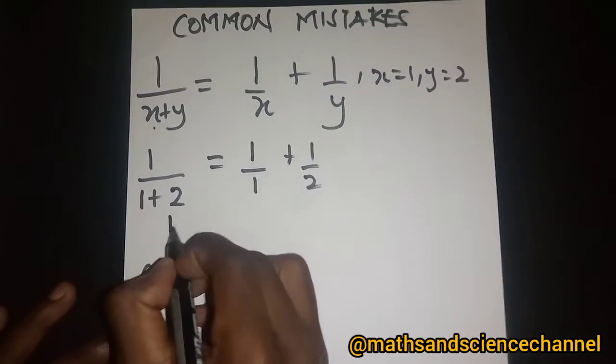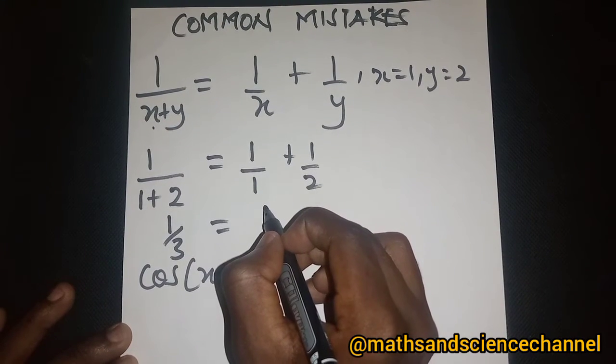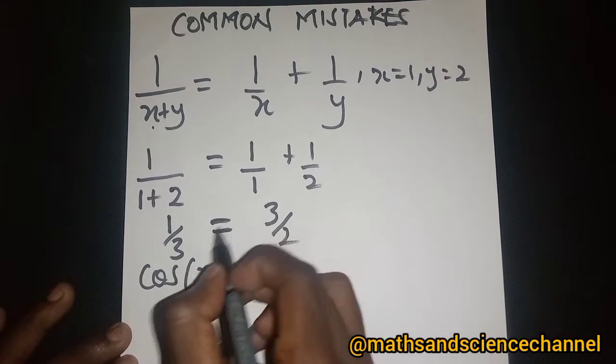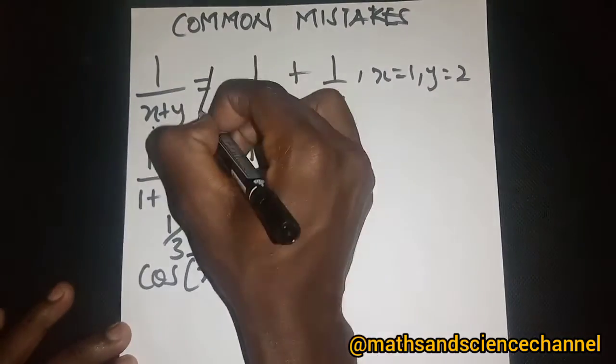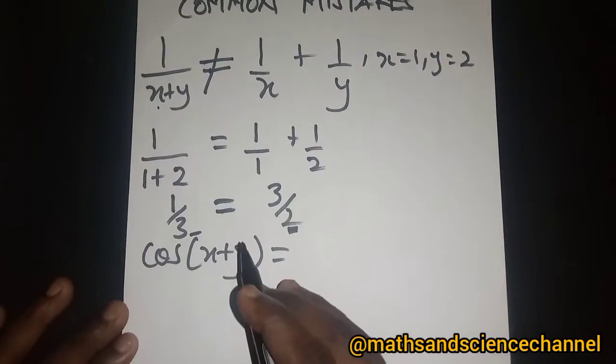So we have 1 over 3 being equal to 3 over 2. So you can see that they are not the same, and that is not the right thing we should do.